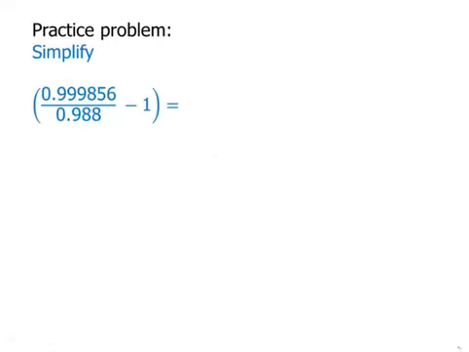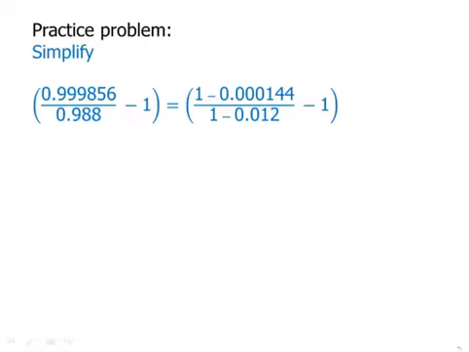Here's another practice problem. Pause the video and then we'll talk about this. Okay, in that fraction we're going to write each one as 1 minus something. 1 minus 0.000144, and in the denominator 1 minus 0.012. Well, 0.012 squared is 0.000144.